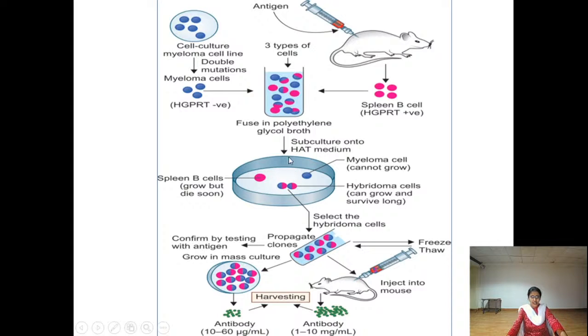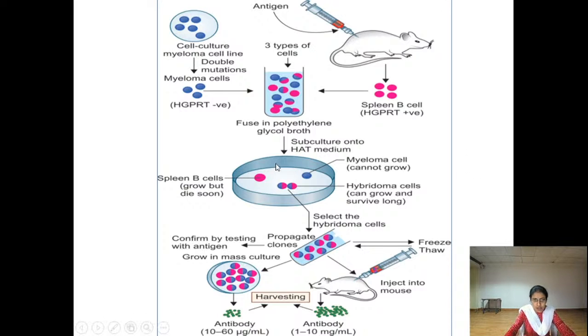How is this carried out? By subculturing the cells in a reaction chamber on a special medium called HAT, hypoxanthine aminopterin thymidine medium. Aminopterin blocks the de novo pathway so that the cell has to perform the salvage pathway to synthesize purines for its survival. I am not going into the detail of those pathways.